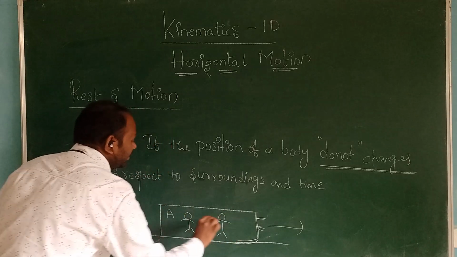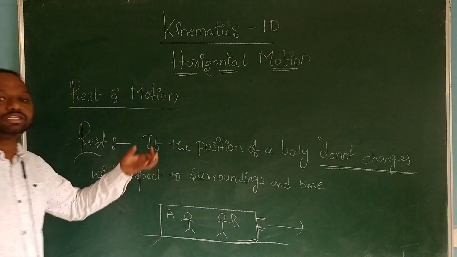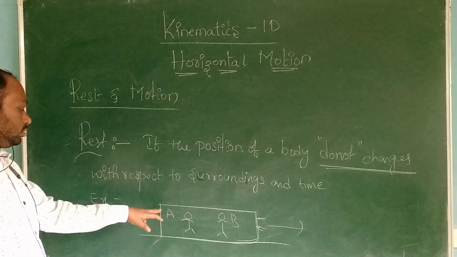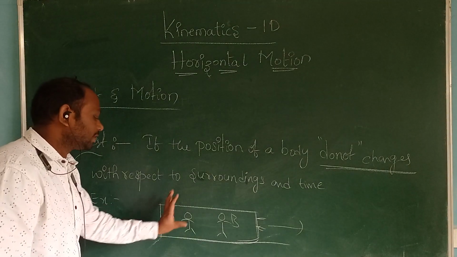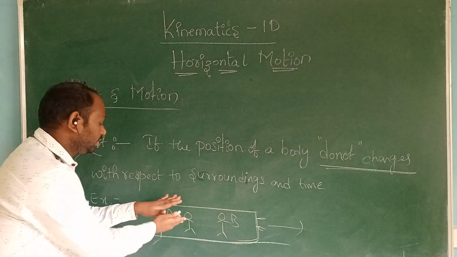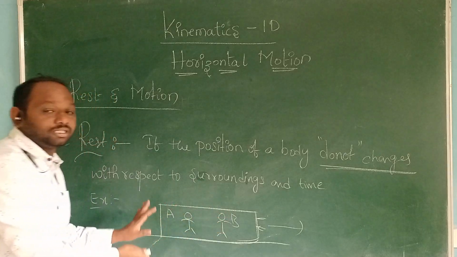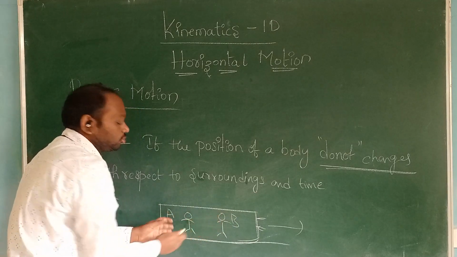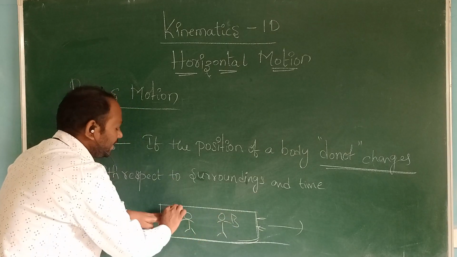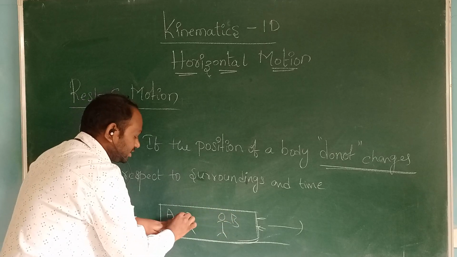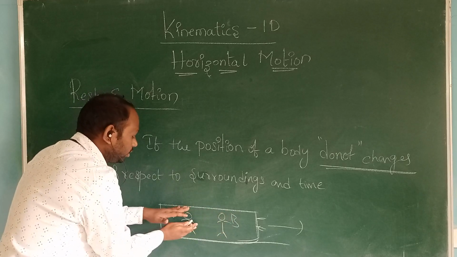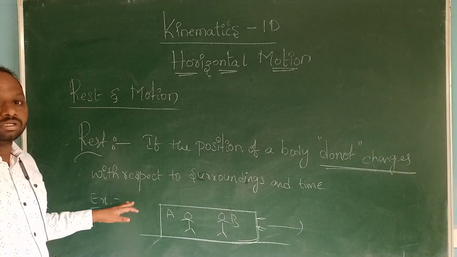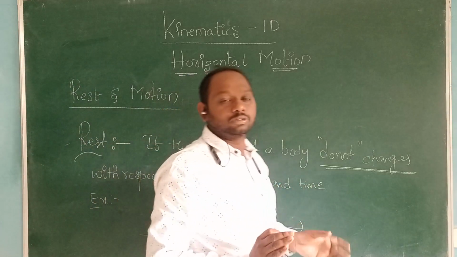The first person is A, the second person is B. Here A is observing B. A with respect to B is in the rest position, because only the bus is moving, but these two persons are just sitting in the bus. B with respect to A is also in the rest position. So the position does not change.